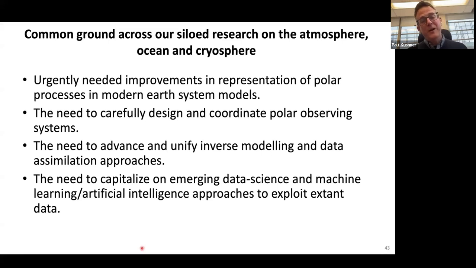What we wanted to do was try to spend a few weeks overcoming some of the barriers that we find in between the different disciplines, getting some of the different cultures together. So we're looking for common ground across these different areas. Our point is that the research areas are maybe more siloed than they have to be, and that a physics institute is a good place to get together to talk about these things, because we can focus on the common ground and overcome some of the disciplinary jargon that separates these fields.